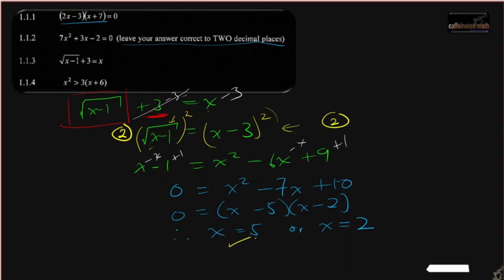Let's test the other value, maybe in blue. Well, 2 minus 1 is 1, and the square root of 1 is 1. And then 2 minus 3 is minus 1. Well, this is not equal to that. Therefore, that is invalid because that was the value we used to test.